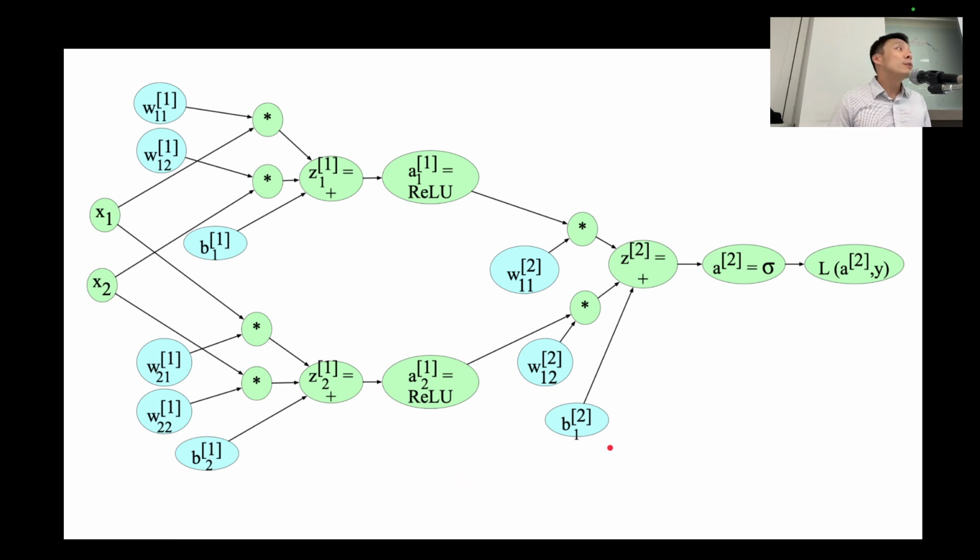So we call this algorithm backpropagation. Backprop, as they say for short, because you propagate the gradient back from the output layer to the hidden layer and to the previous hidden layers, so that you save computation.